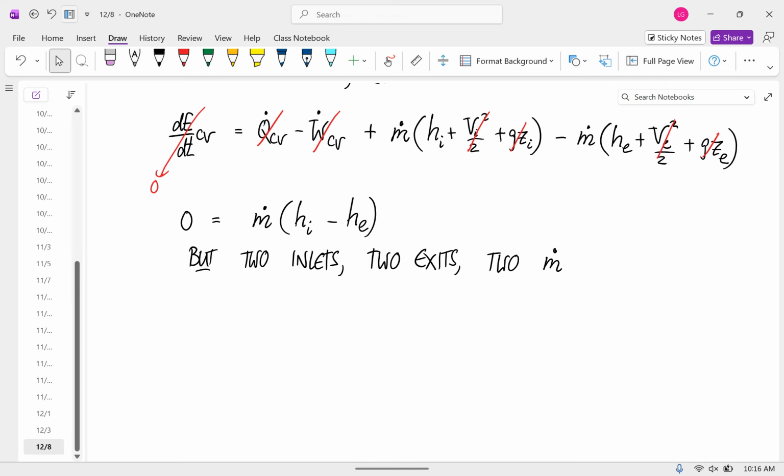So I'm going to rewrite this as 0 is equal to the mass flow rate of the working fluid times the inlet specific enthalpy of the working fluid minus the exit specific enthalpy of the working fluid, plus the same thing for the cooling water.